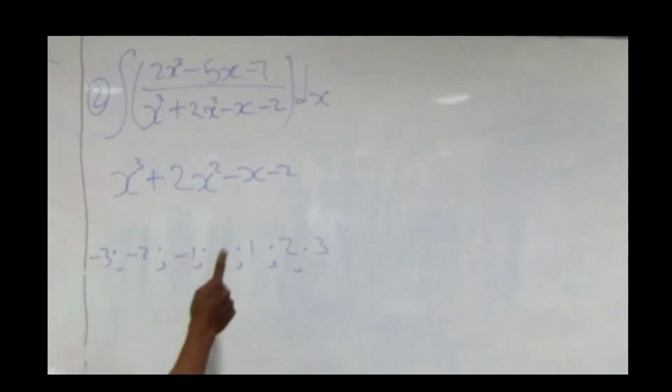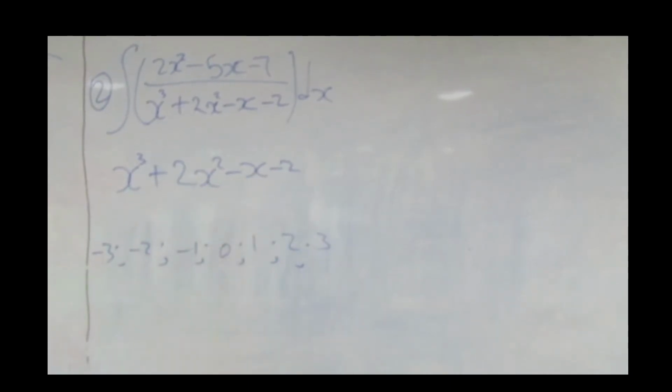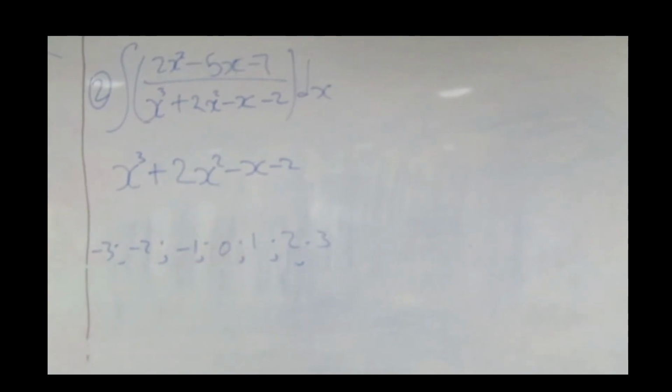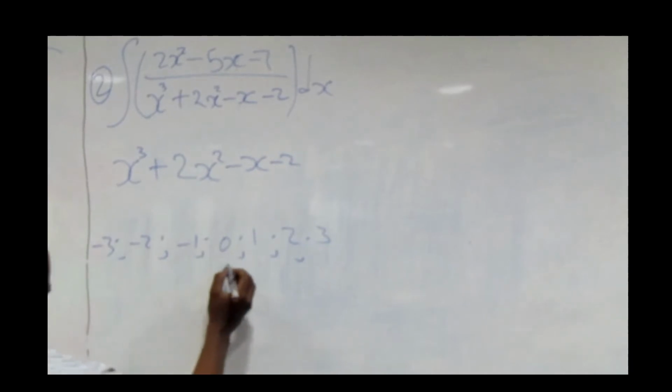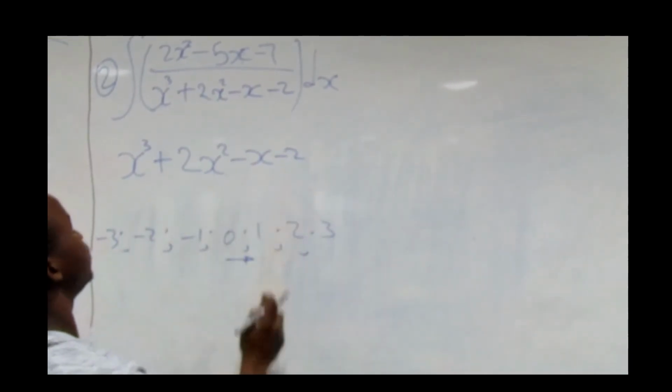When we substitute 0 instead of x, it gives us negative 2, which is not 0. We skip.